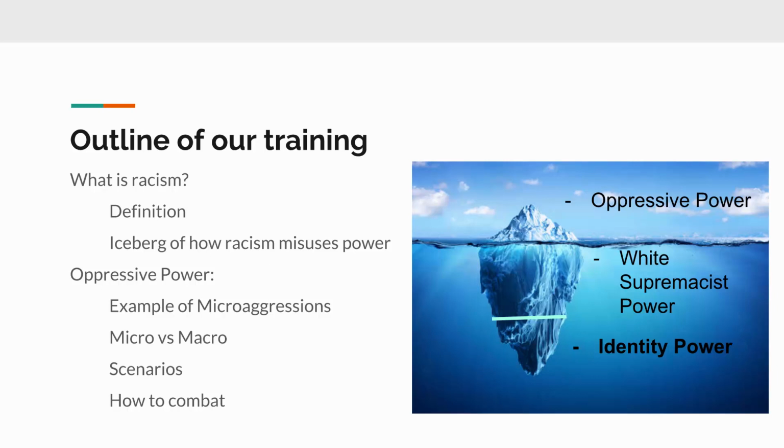Like we said, the definition of racism using the iceberg. We're going to have a section on oppressive power, using an example of microaggression, defining that, using scenarios and a way to combat it.